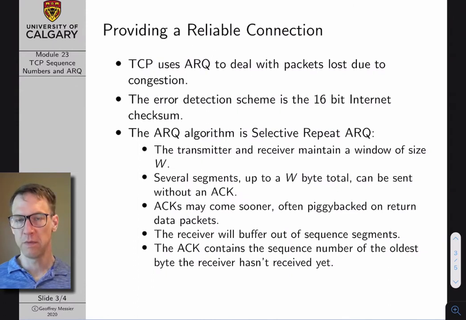As we mentioned in the previous module, TCP uses ARQ to deal with lost and out-of-order packets. The error detection scheme it uses is the 16-bit internet checksum that we studied back when we looked at error detection.